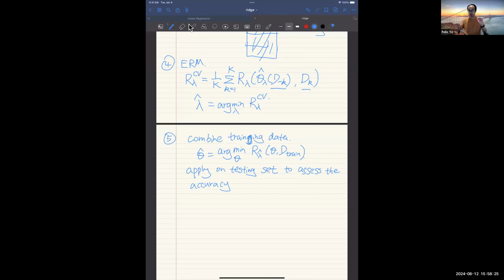So we need to separate out this 10% data set to assess accuracy. The whole idea: never train or choose parameters based on the testing data set. That would be cheating.